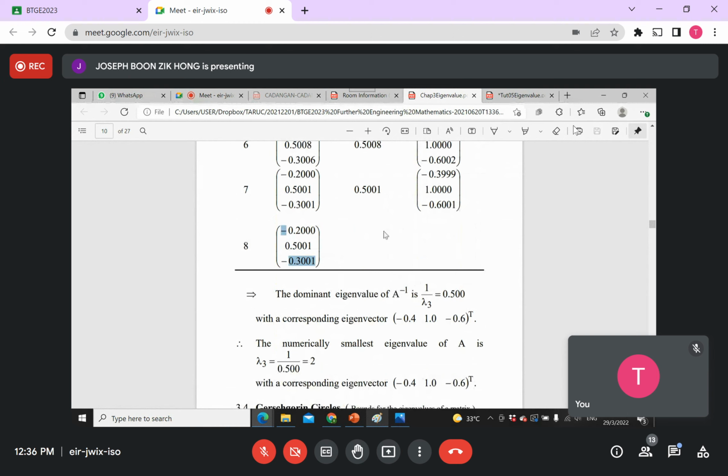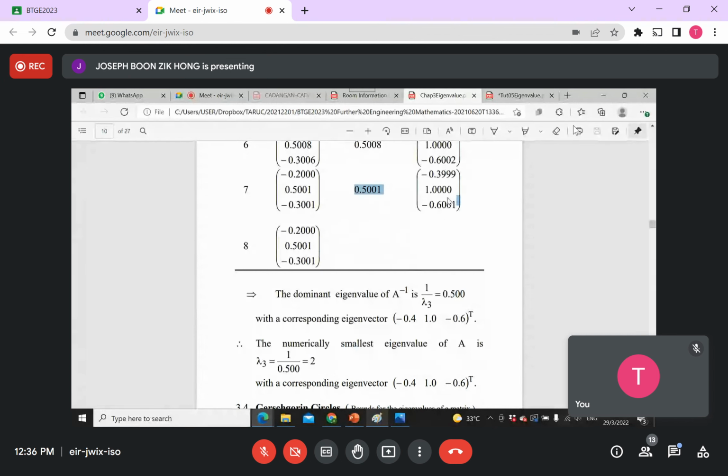If you just stop here, your dominant eigenvalue of A inverse is 0.5, that means 1 over lambda 3 is 0.5, and the corresponding eigenvector will be negative 0.4, 1, and then negative 0.6.